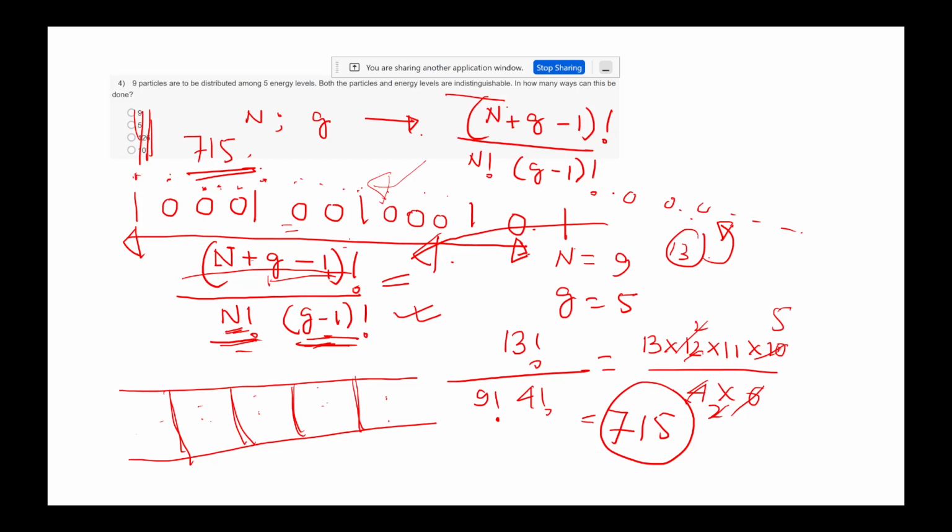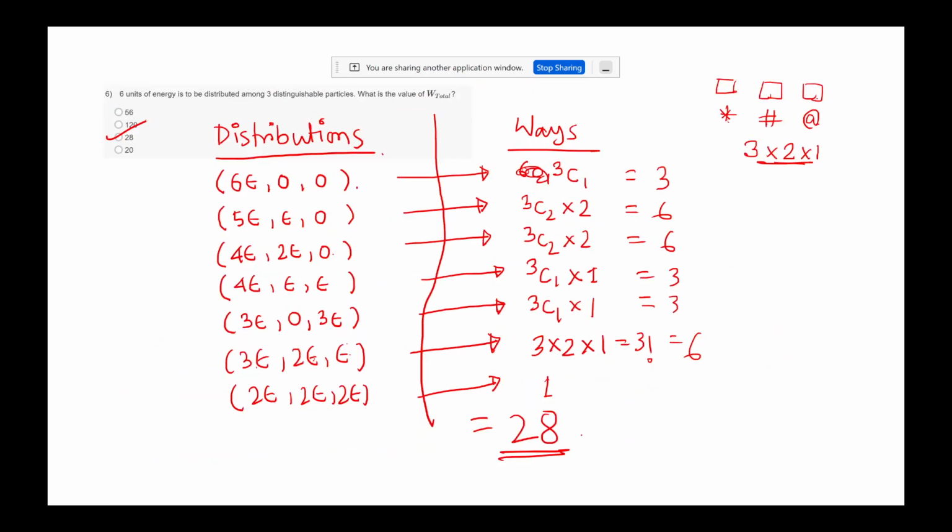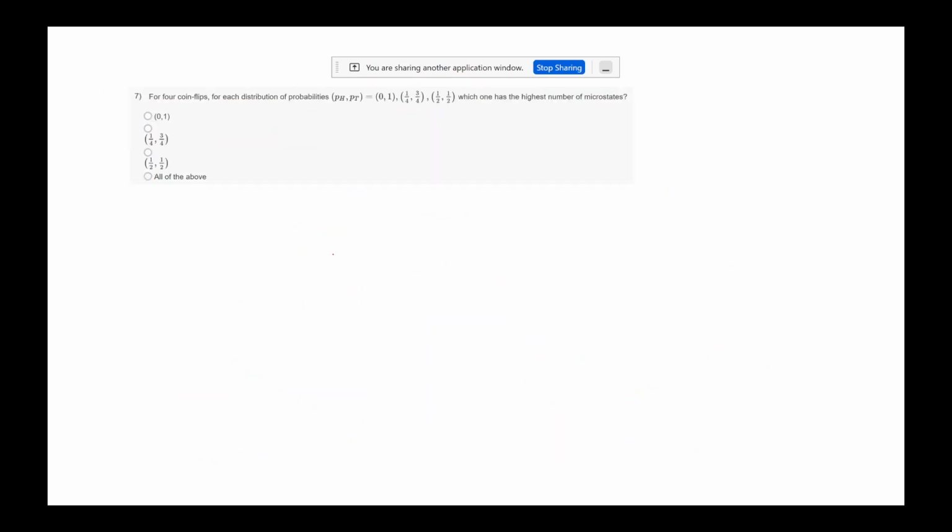That will be n plus G minus 1 times n plus G minus 2, then n plus G minus 3, like this. Okay, this is clear. This one is different, it is coming from the partition. After calculating that, the rest is a similar thing. Okay, now let's go to the next problem.